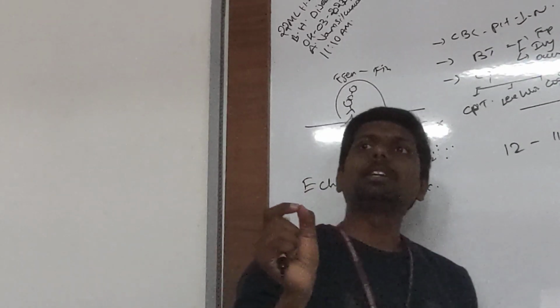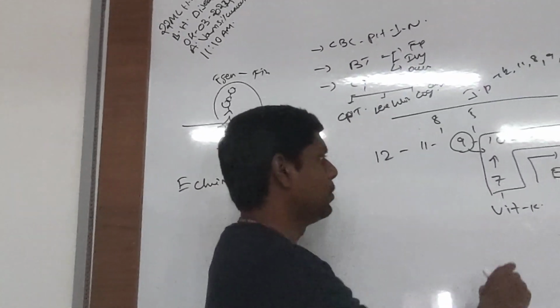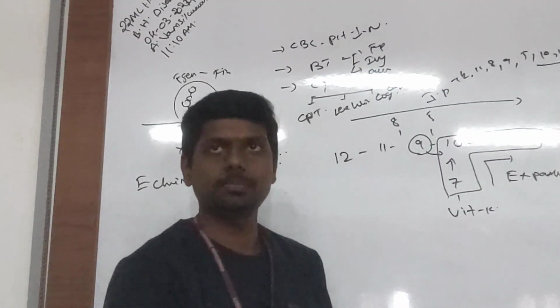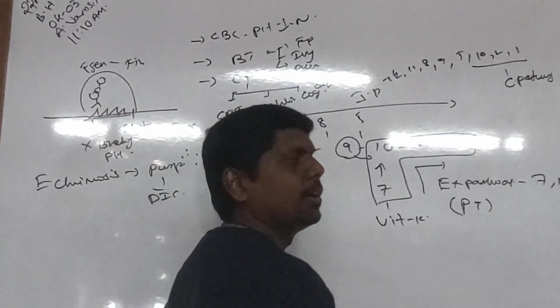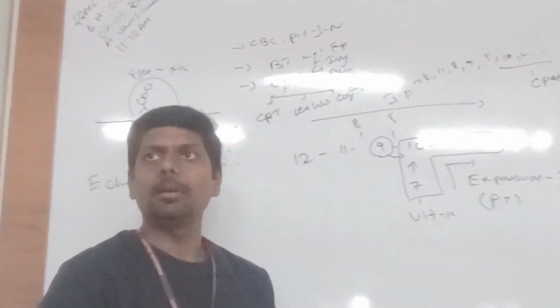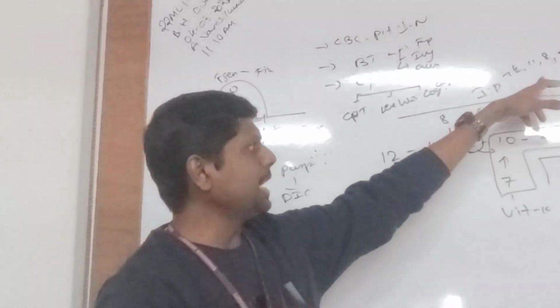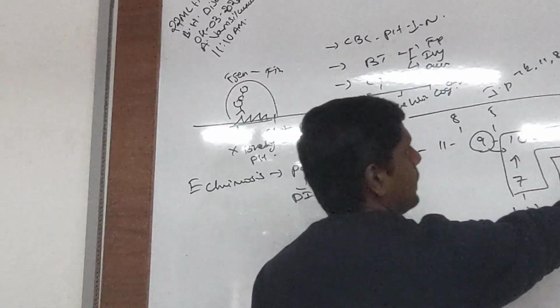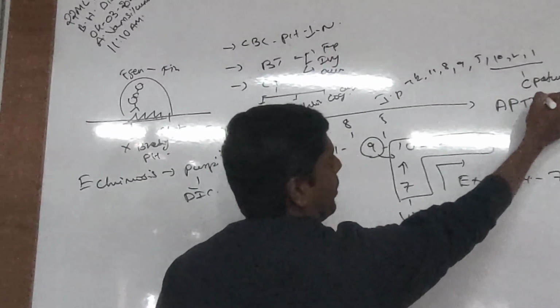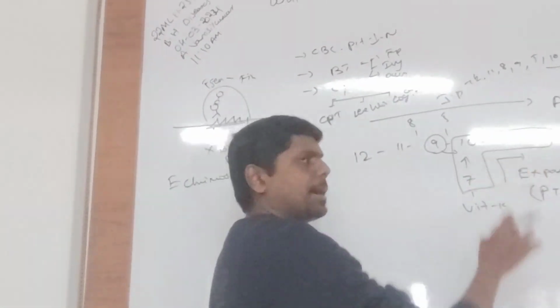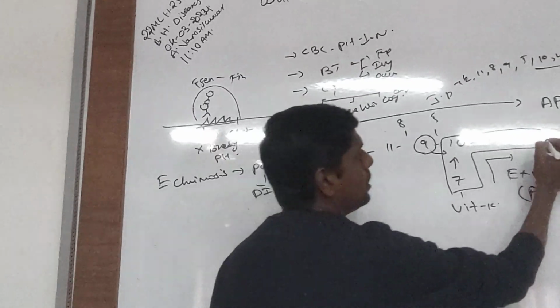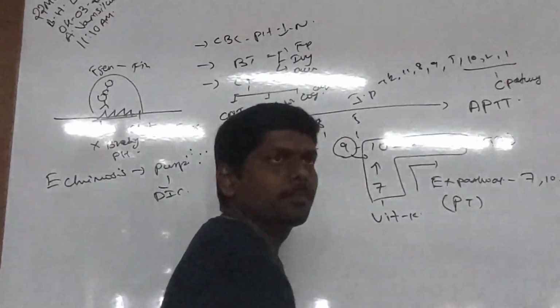What tests will we perform to detect extrinsic pathway issues? Prothrombin time is for extrinsic pathway problems. Then for intrinsic pathway problems, activated partial thromboplastin time. Very good. Whereas common pathway issues can be determined by thrombin time.